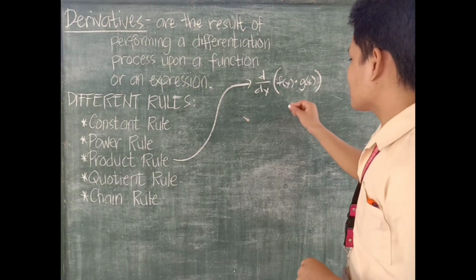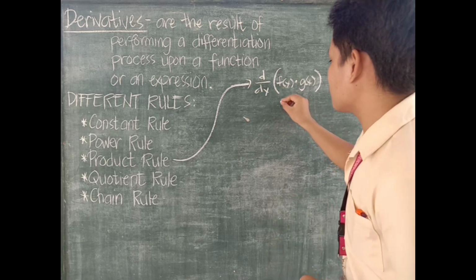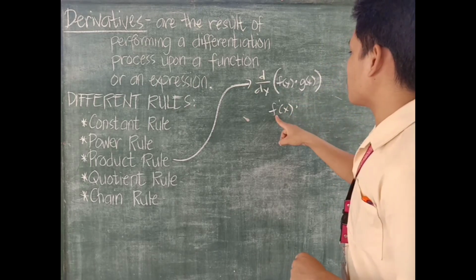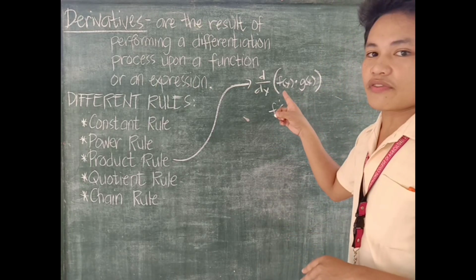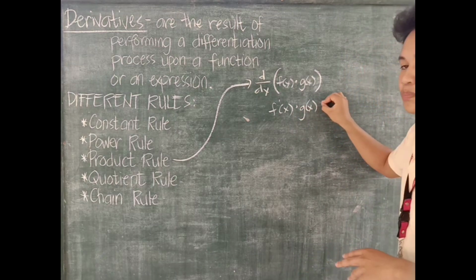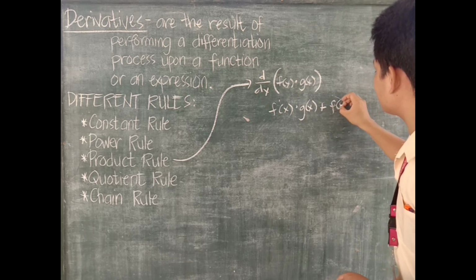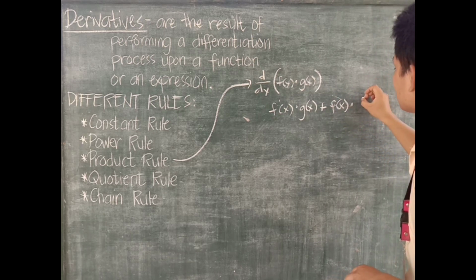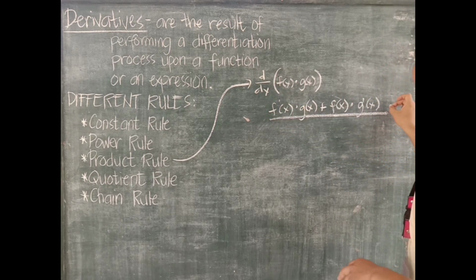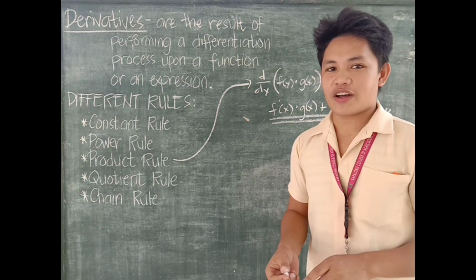The process will be the derivative of f of x first, f prime of x. f prime of x times g of x, plus f of x times g prime of x. So this is how you do the operation in order to solve a product of two functions.